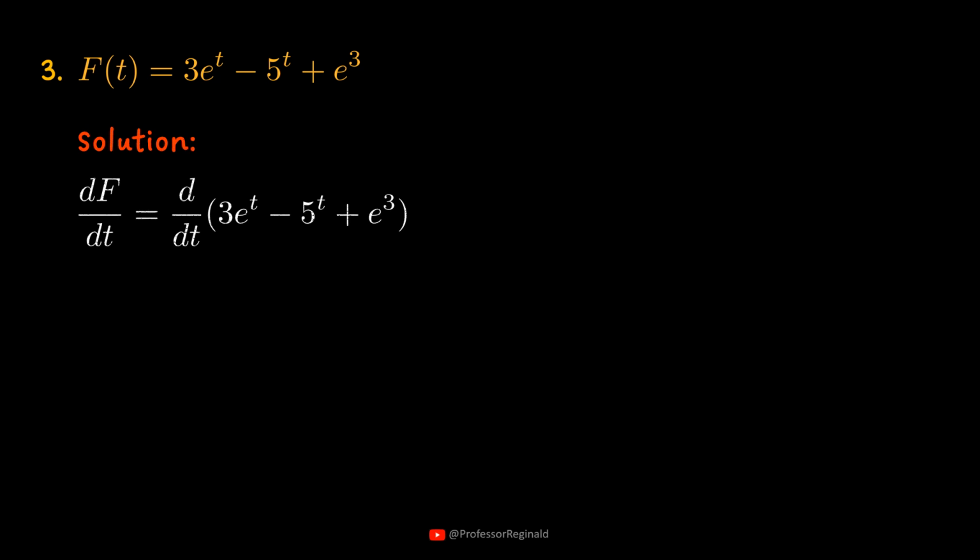Number 3. f of t equals 3 times e raised to t minus 5 raised to t plus e raised to 3. Solution. Apply the constant multiple and sum or difference rules.